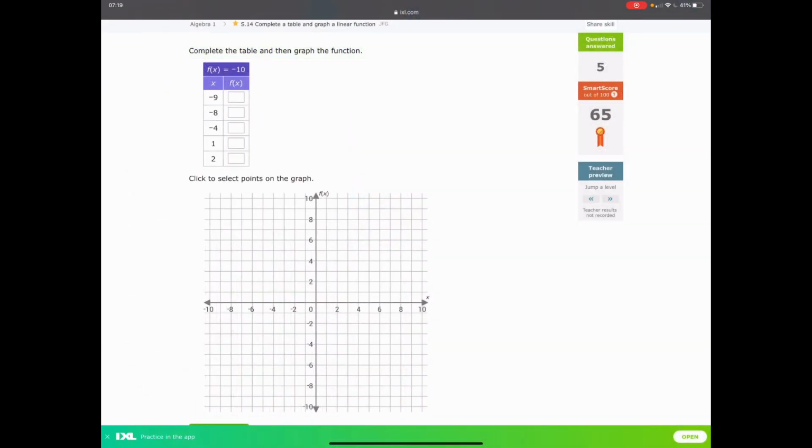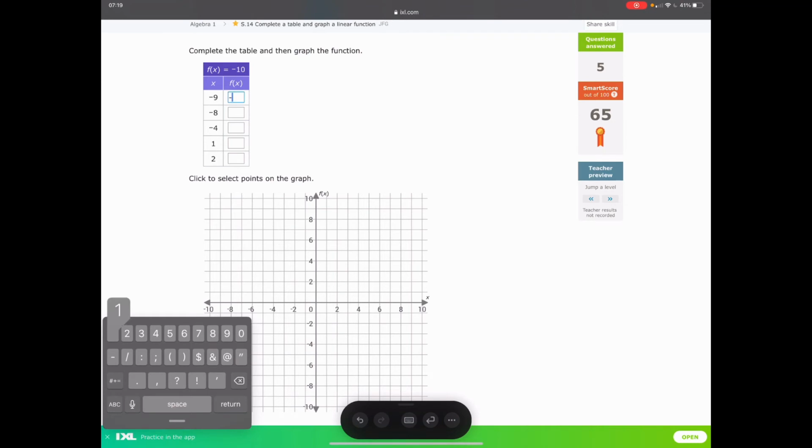So in the case where f of x equals -10, for all these points, it doesn't matter the x, all of the y's are going to equal -10. And then when we graph this, we have to graph each point individually, and those will all be a horizontal line, because with f of x equals negative 10, you're saying that negative 10 is equal to the y.